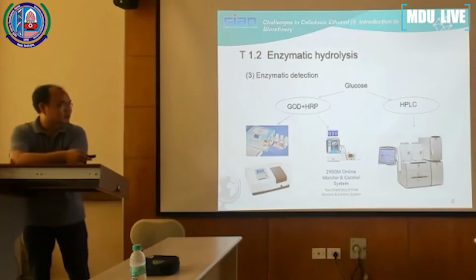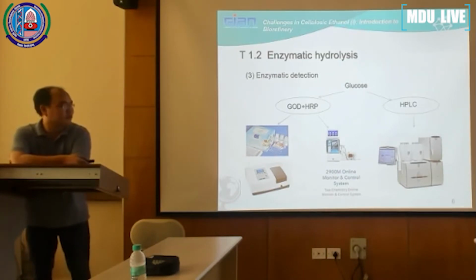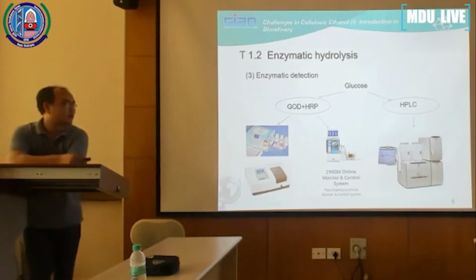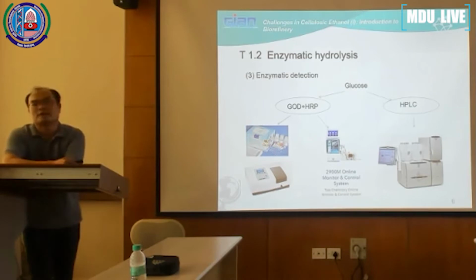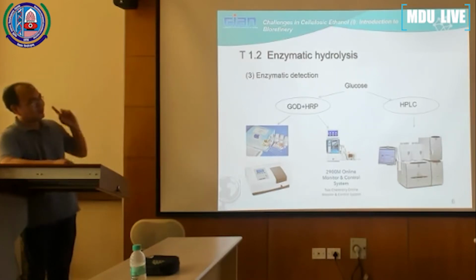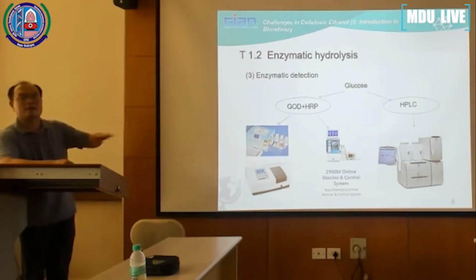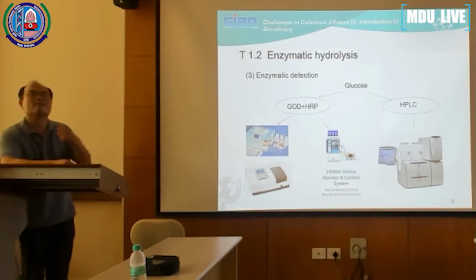And the reproducibility of the data is very good. The error is not very high, usually within 5%. Do we need to prepare a calibration curve? No, when we open this machine, it automatically calibrates.